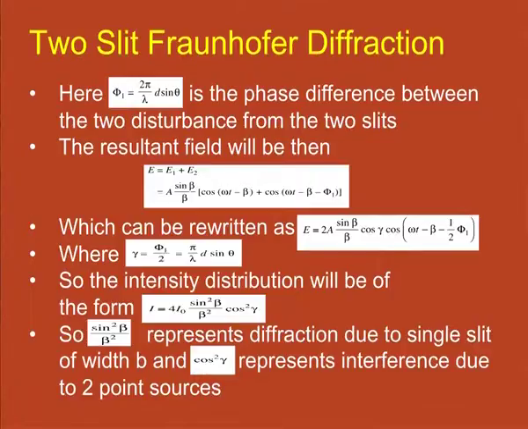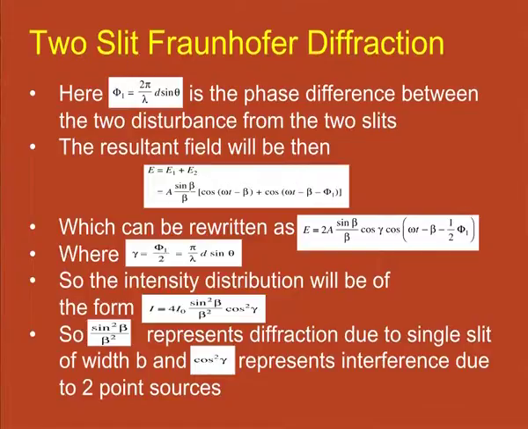The resultant field E is the sum of the individual fields from the slits, E1 plus E2, which gives A sin beta by beta into [cos(omega t minus beta) plus cos(omega t minus beta minus phi 1)].